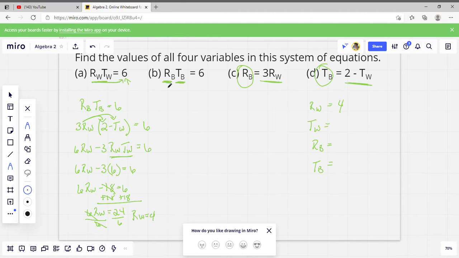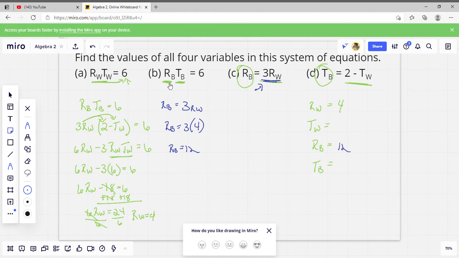So we need to find one with an RW in it. How about this one right here has RW? So we're going to say RB equals 3RW. Okay, so RB equals 3 times 4, because RW is 4. So that means RB equals 12.